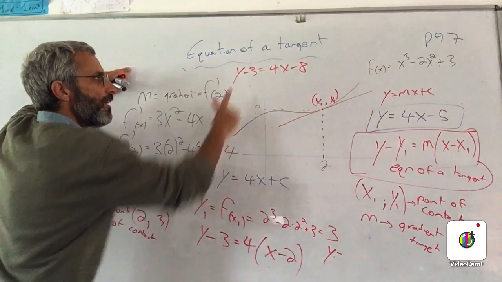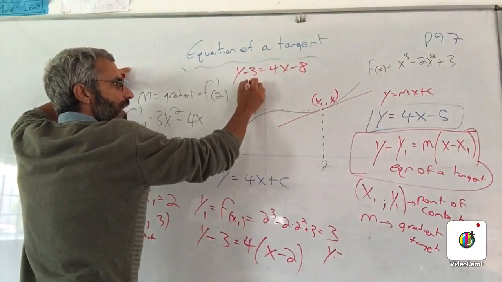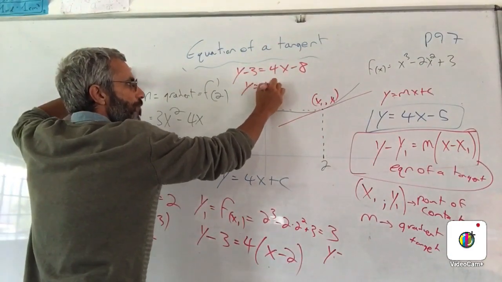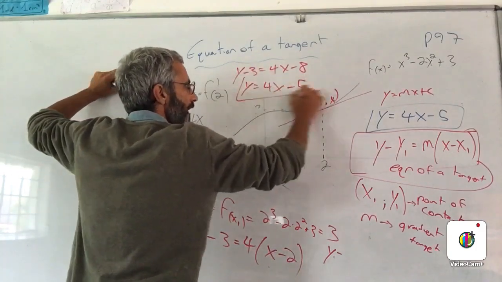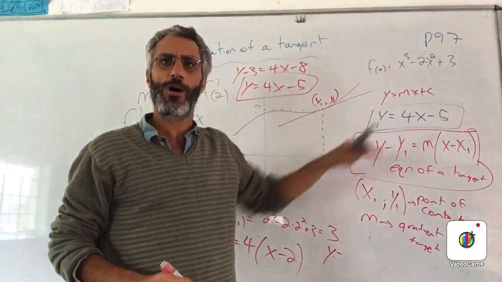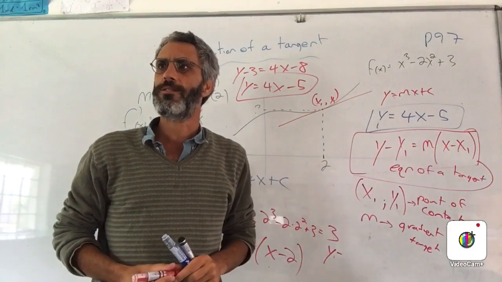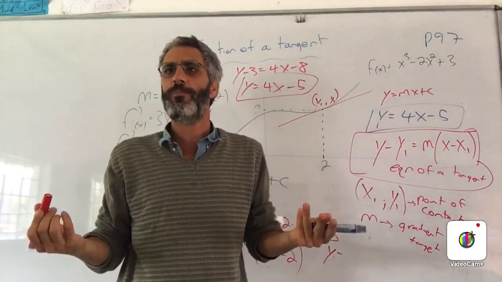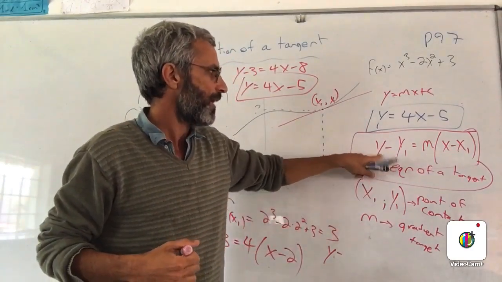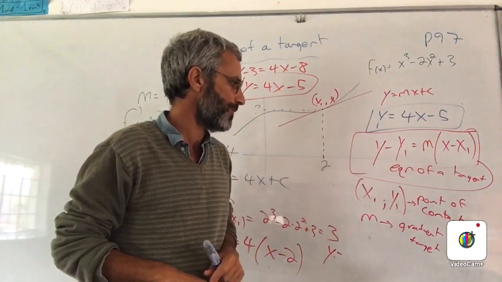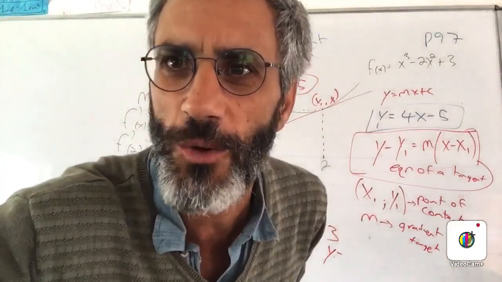Move the 3 to the other side. y equals 4x minus 8 plus 3, which is minus 5. Obviously I'm getting the same answer as I calculated in the old method. Which method is better? It's up to you. If you're good at memorizing, I think it's worthwhile remembering that. Okay. Cheerios. Bye-bye.